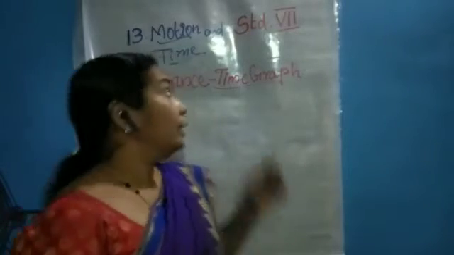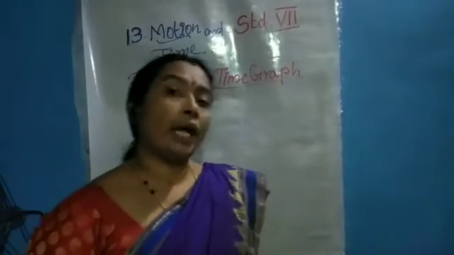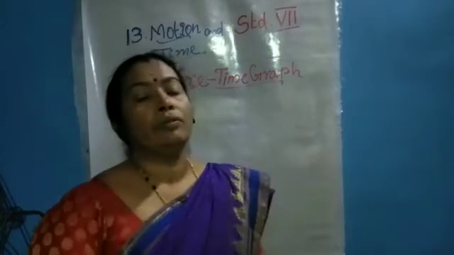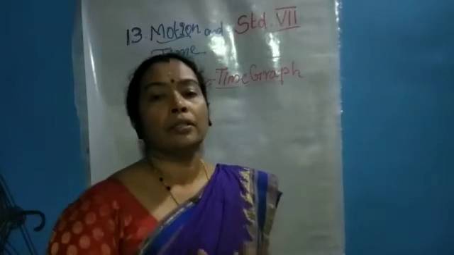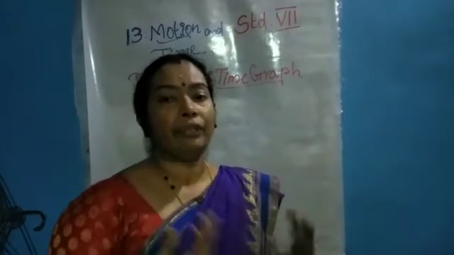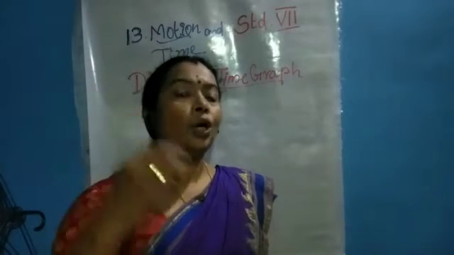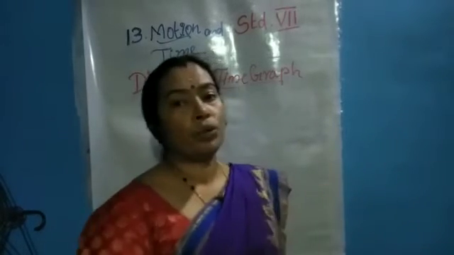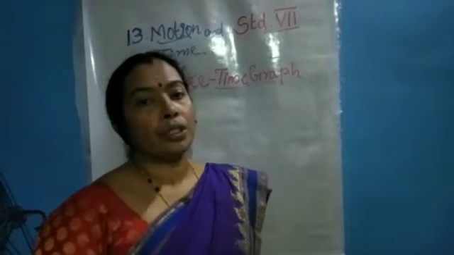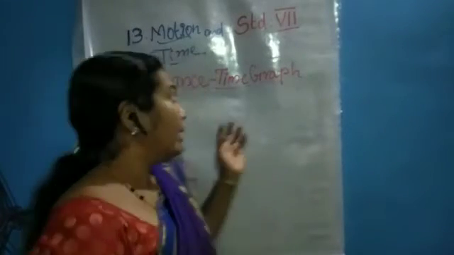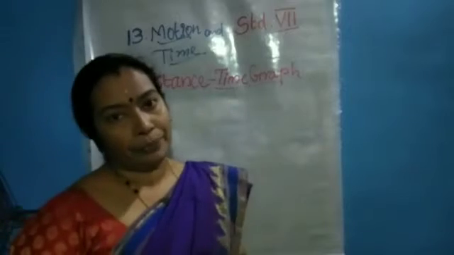Not only that, with the distance and time we can find out the speed of the object, and on seeing the graph we can conclude whether the object is moving in uniform motion or non-uniform motion. So many pieces of information we can gather from a single graph.